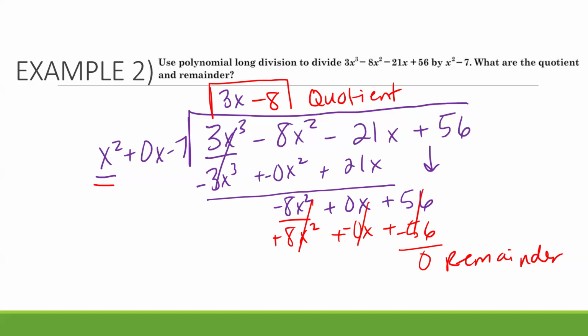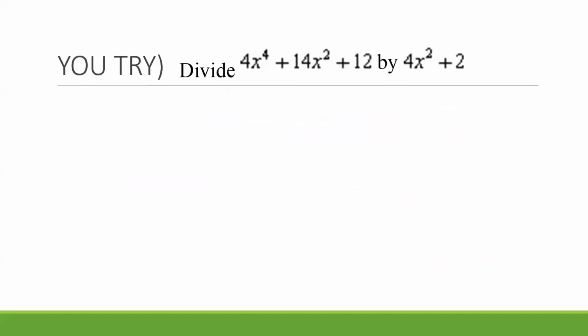All right. I'm going to show you the hardest it will get. And if you can do this one, then we're golden. Ready? So, if I have 4x to the 4th plus 14x squared plus 12 divided by 4x squared plus 2. Off the top of my head, what do I notice this has? I'm missing some stuff, right? What am I missing in the first one? I'm missing my cube and the x. What am I missing in my divisor?